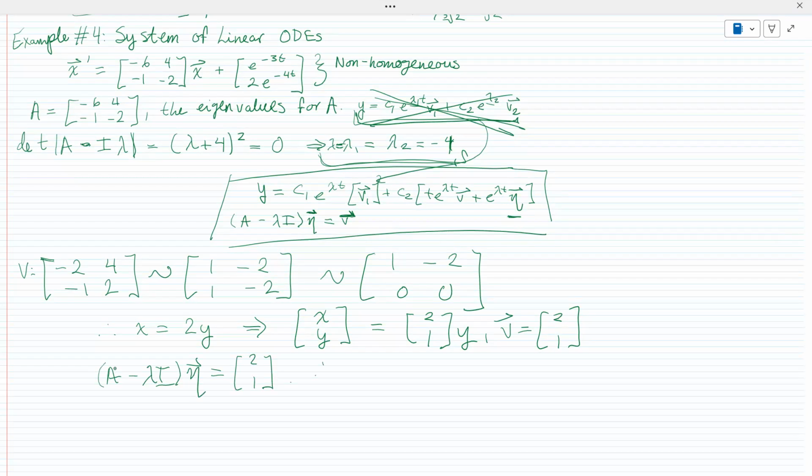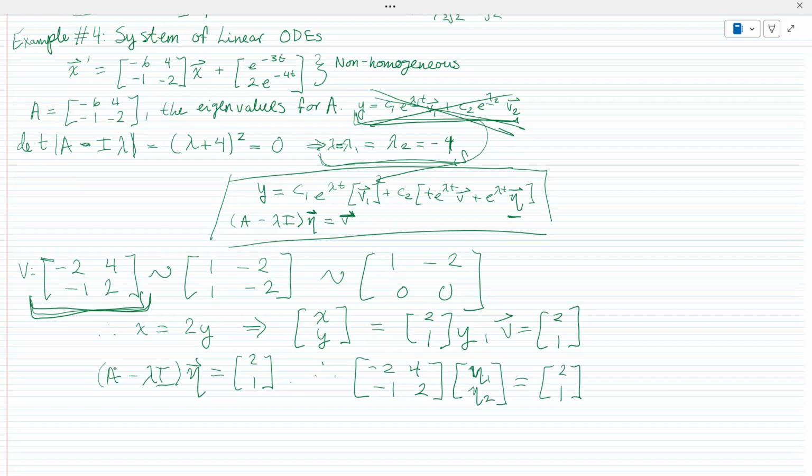Okay, so we look at this matrix over here. We have -2, 4, -1, 2 times some unknown variables. We could just use eta 1, eta 2, to be equal to (2, 1).